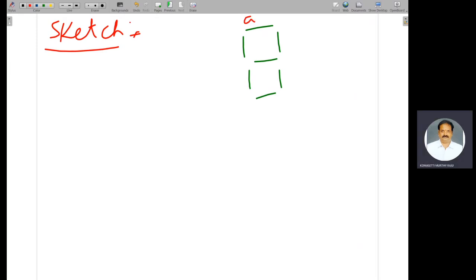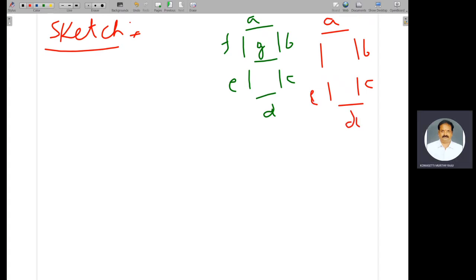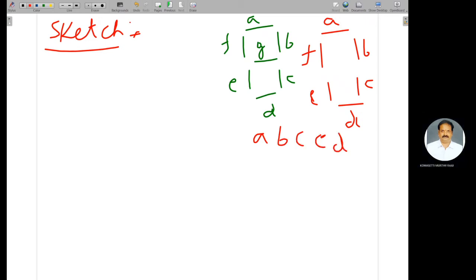Segments are indicated with some letters here: A, B, C, D, E, F, and G. If you want to indicate 0, this is the 0. Here A, B, C, D, E, F.